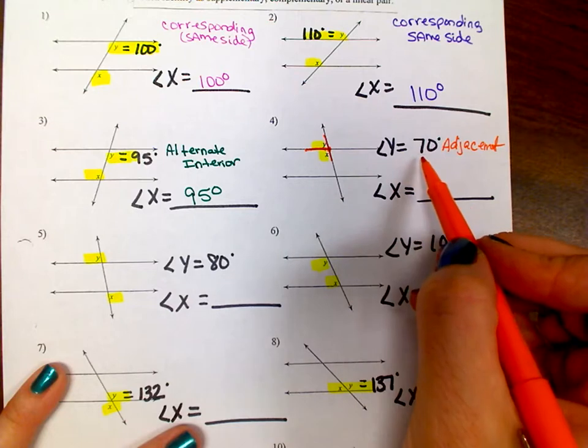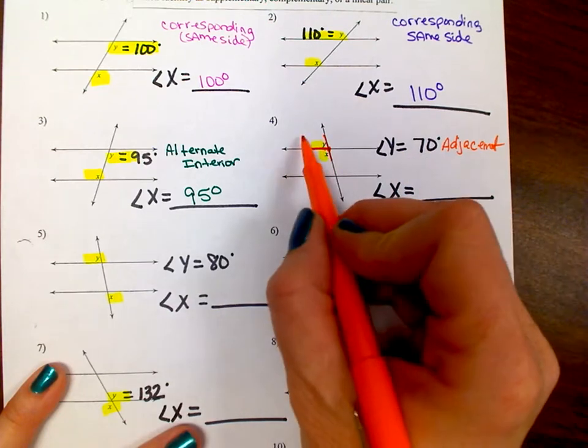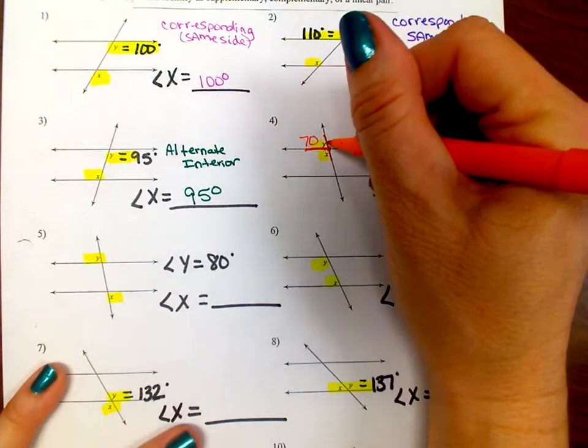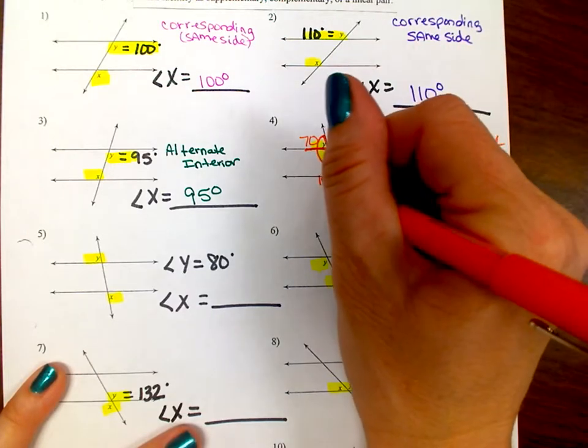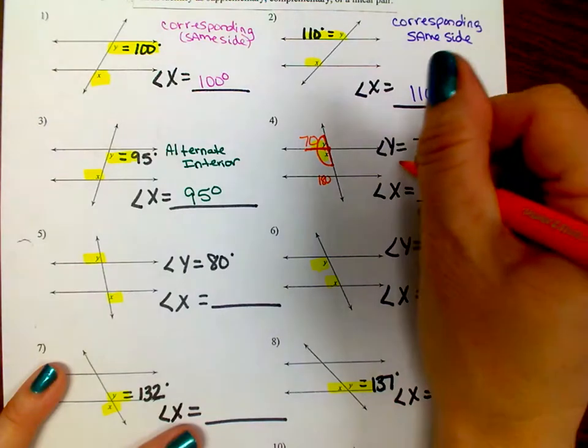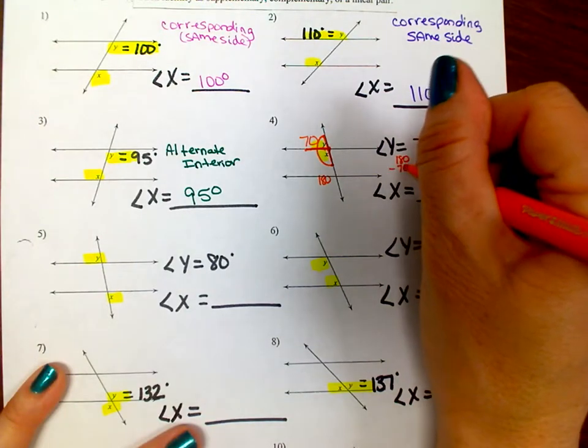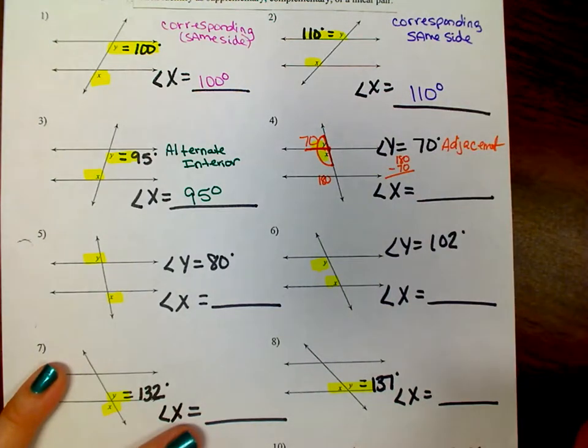So if Y is 70, and we know it makes a straight line, that has to equal 180. 180 minus 70 will give you X, which will be 110 degrees.